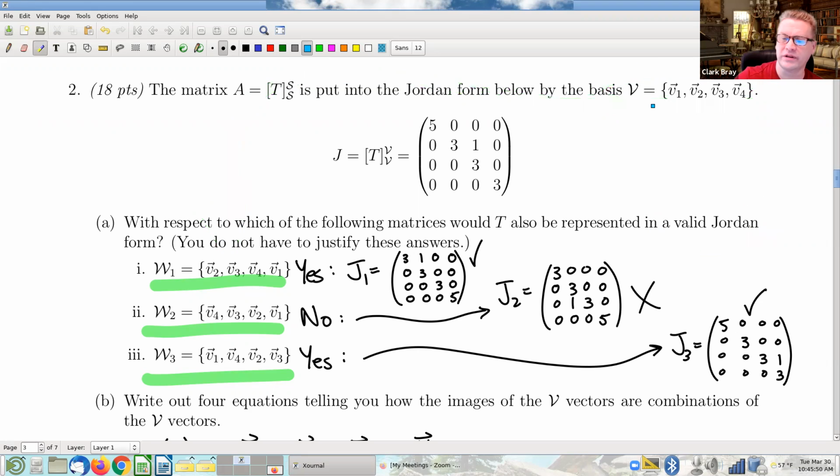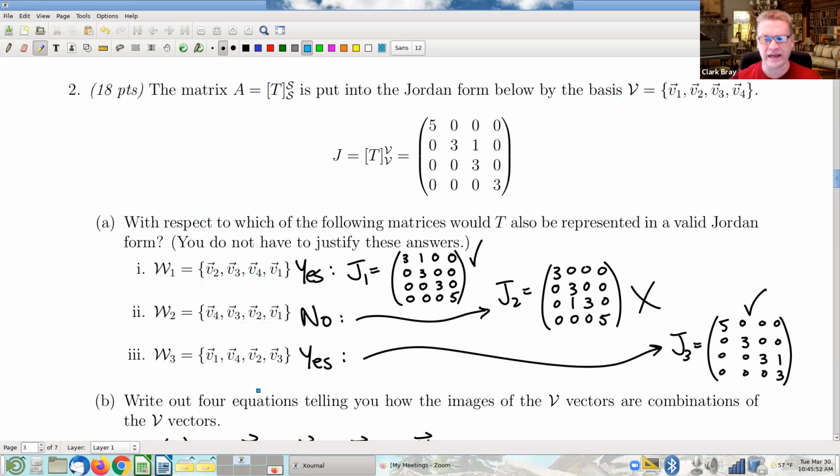So the way we're going to do these is play the usual game from section 5.3, and that is that when we reorder a basis, so I'm going to take this reordering here, you reshuffle the rows and the columns accordingly. Right? Okay.